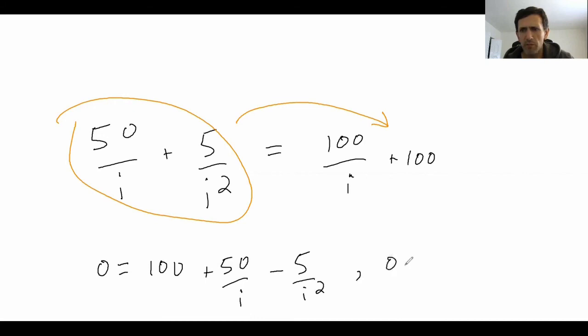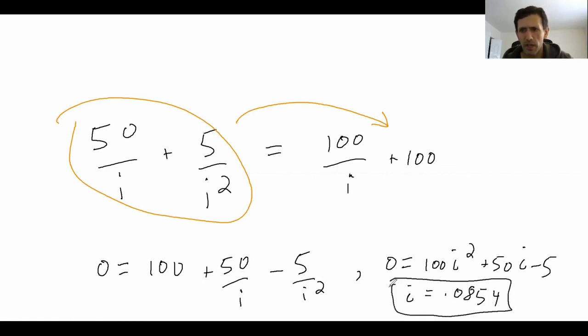Multiply everything by I squared: 100I squared plus 50I minus 5 equals 0. Divide by 5 everywhere and use the quadratic formula. You get I is 0.0854. We're not going to consider I negative, so throwing out the negative solution, your answer is 8.54%.